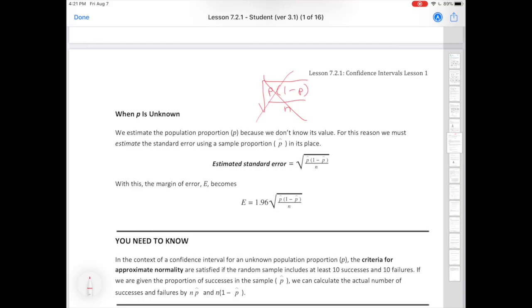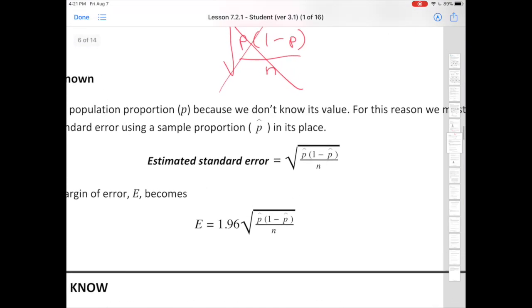We cannot use this formula for the standard error. However, if we replace those p's with p hats, then that means we can actually use the formula. Again, this is an estimated standard error. You do p hat times 1 minus p hat divided by n, and then you take the square root of that.